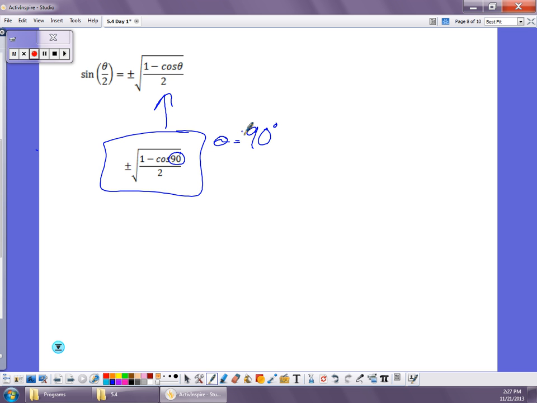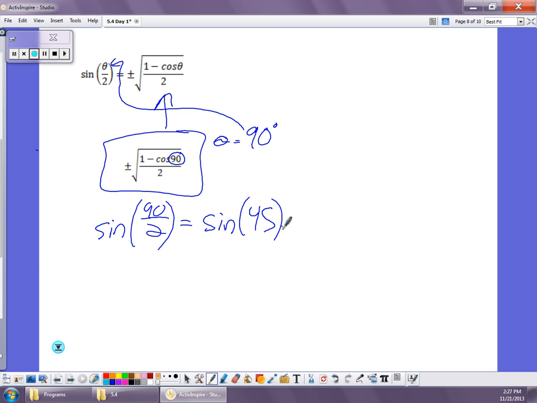So I can now plug that 90 in right there. So I get sine of 90 over 2, which is the sine of 45, which we know is root 2 over 2. And if you were to solve this in here, you would get root 2 over 2 as your answer.